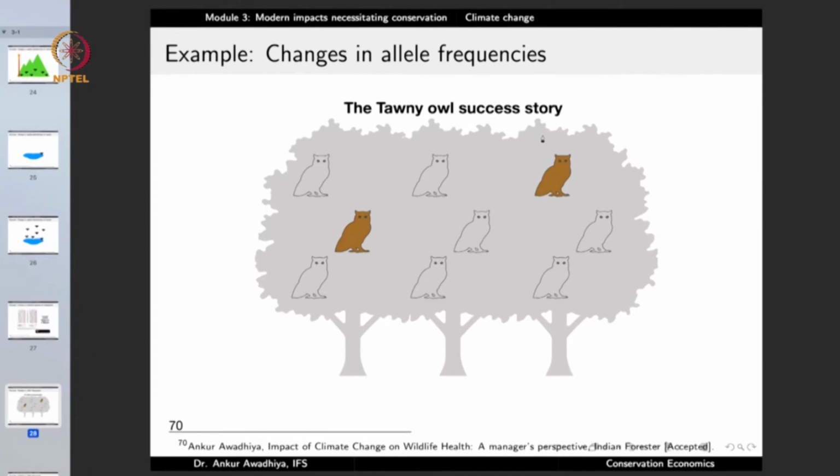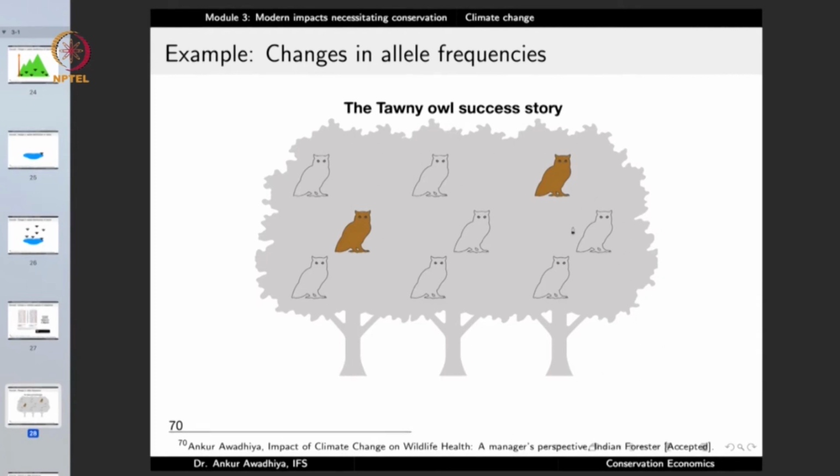Now, in the areas where this bird lives, the trees are generally covered with snow. When the trees are covered with snow, and snow is white in color, the gray colored birds are able to hide in the system. So, if there is, say, a rat that one of these birds wants to catch and eat, then if it is a brown colored bird, it will be very easily seen by the rat, and the rat may try to hide.